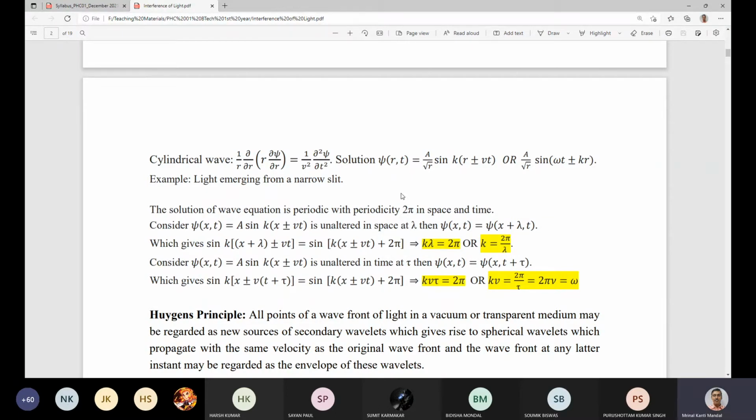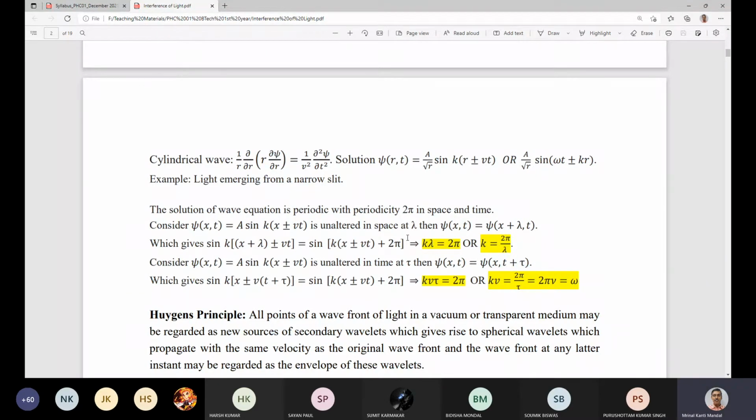To establish or to understand this, we consider that psi x t is equal to A sin k x plus minus vt. If we want to show that it is periodic in space with periodicity lambda, right?